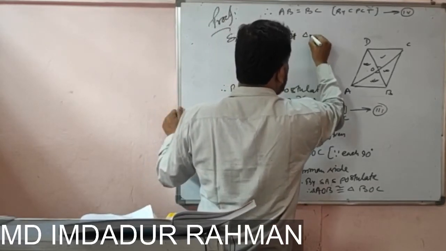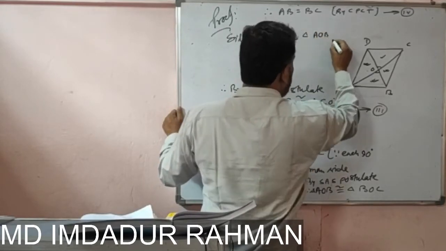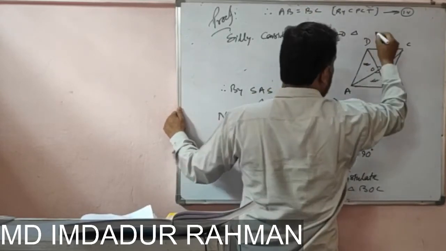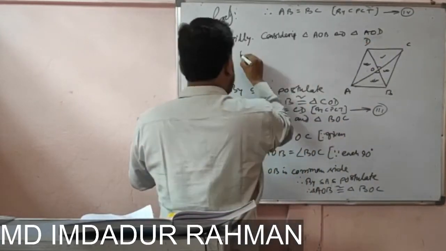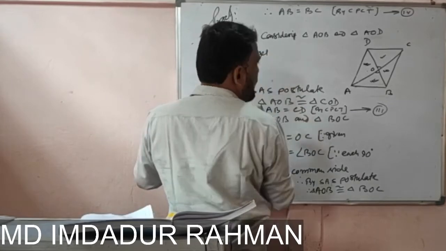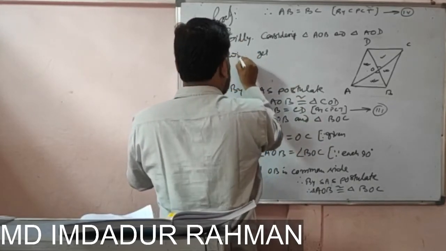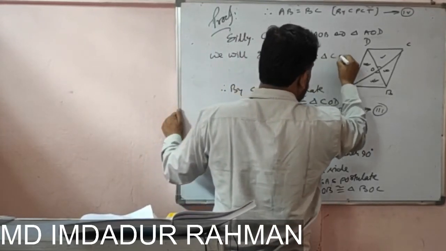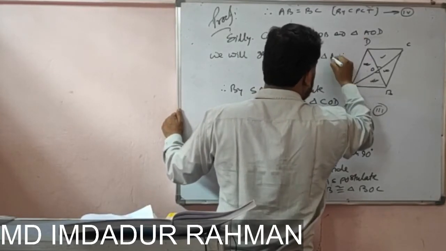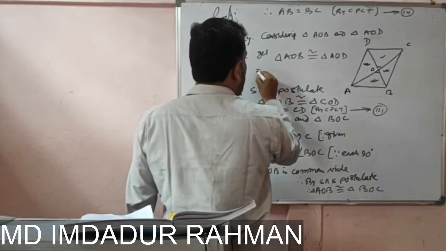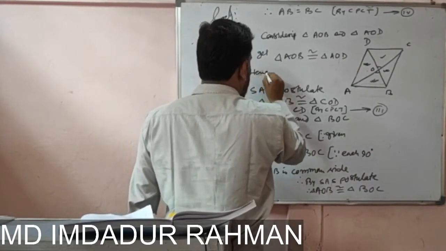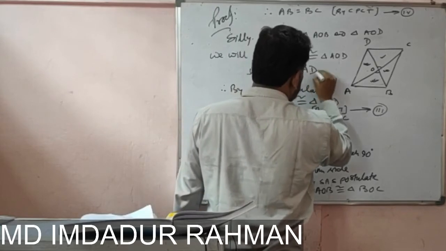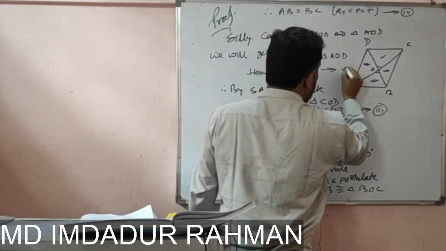Considering triangle AOB and triangle AOD, we will get triangle AOB is congruent to triangle AOD, and hence we will get AB is equal to AD. Mark this as equation number 5.